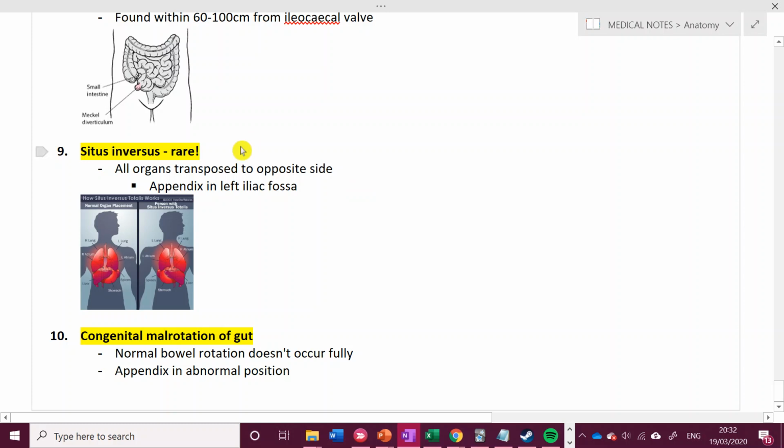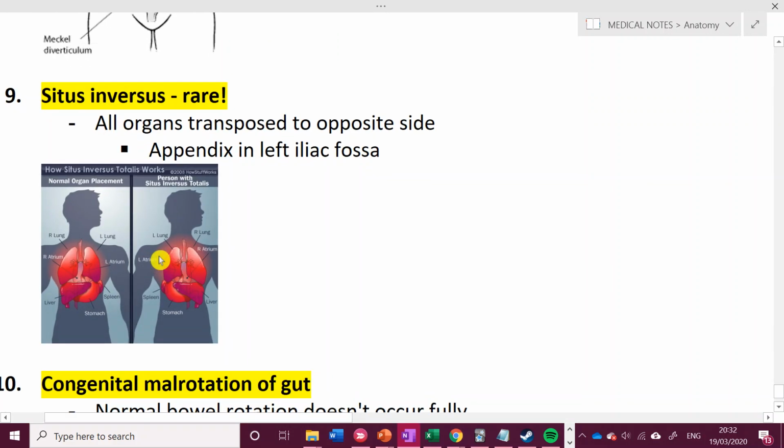Now, situs inversus is a very rare disease. Well, it's not a disease actually. It's just a congenital thing that people are born with, and it's basically where all your organs in your abdomen and your thorax are flipped to the opposite side.